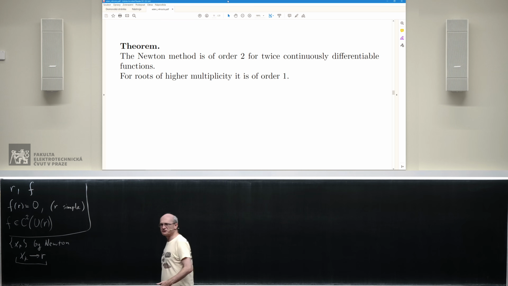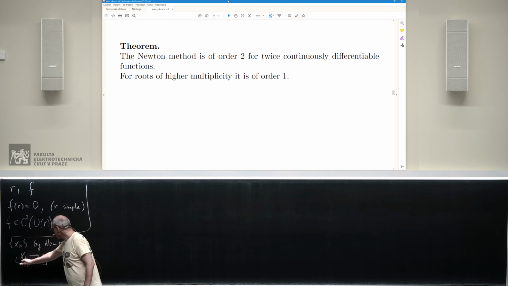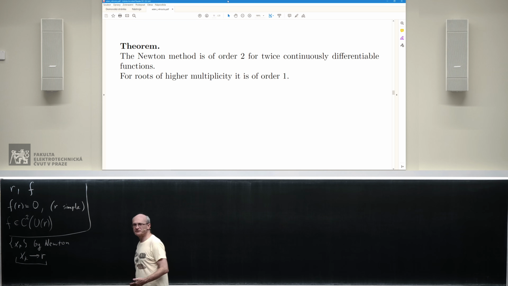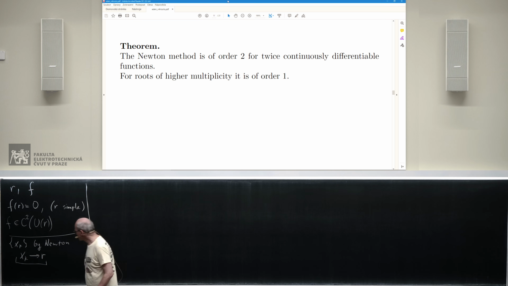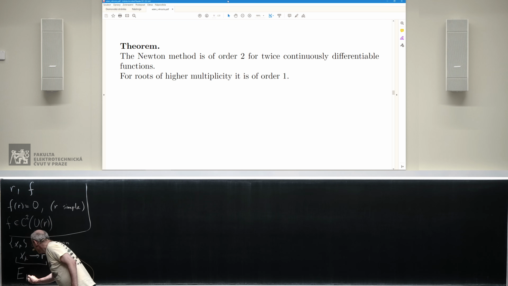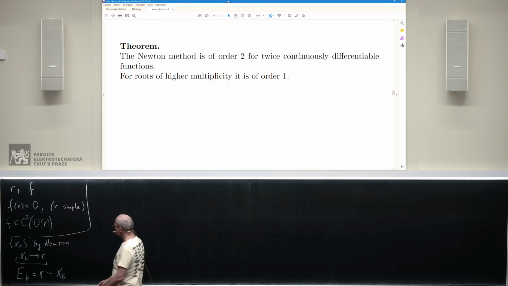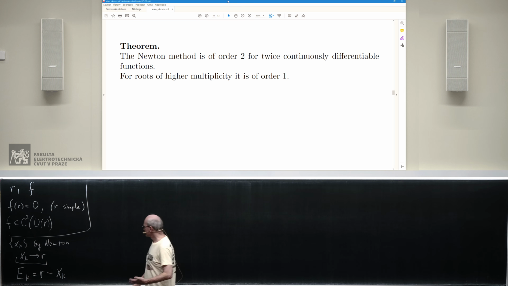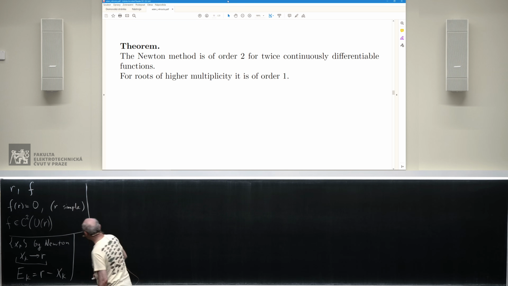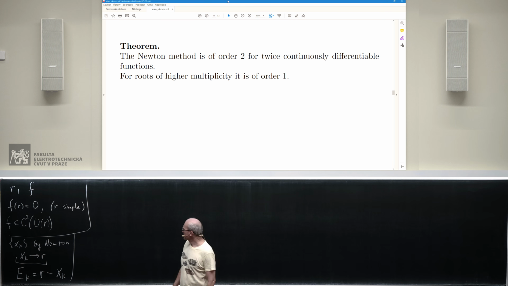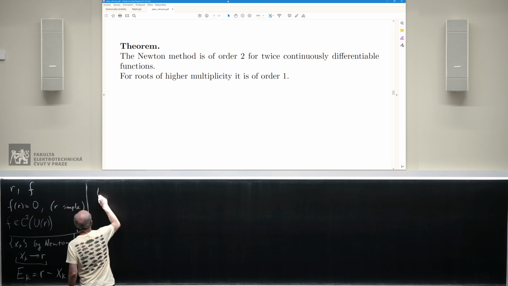And our aim is now to show that the error of these individual approximations satisfies a certain formula. So the error that we are interested in is the difference between the actual root and our approximation. And that's essentially it. That's the setup. Let's have a look at it. How much is the error for the next iteration?